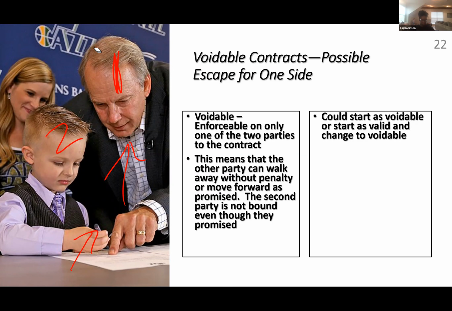And just as an aside, could this contract, even this one, become valid at some point in time? Yes, if we wait. If we wait long enough, is the problem that this contract has with validity going to resolve itself?